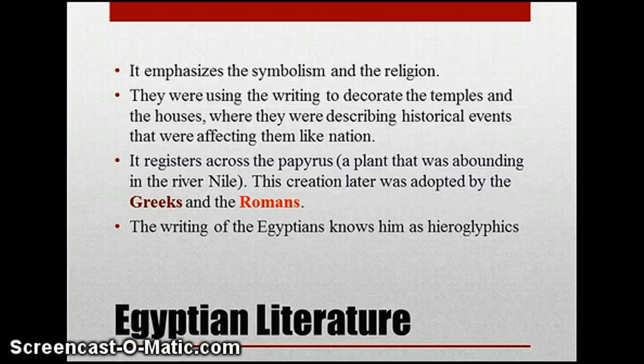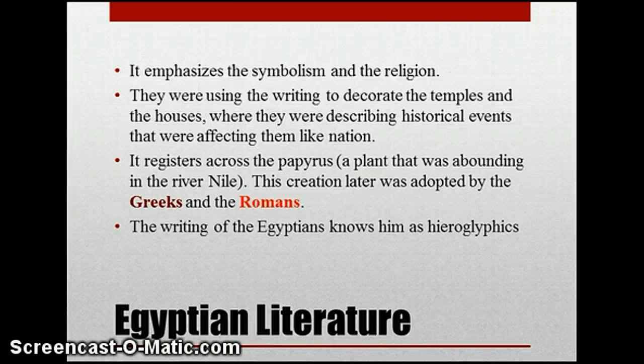They were using in Egyptian literature, for example, the writing to decorate the temples and the houses, where they were describing historical facts that were affecting them like a nation. Remember, all the epopee, Greek, Roman, and Eastern literature, they want to show you historical facts from a nation.